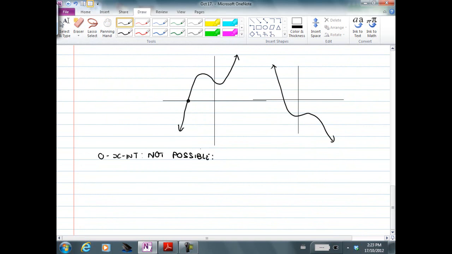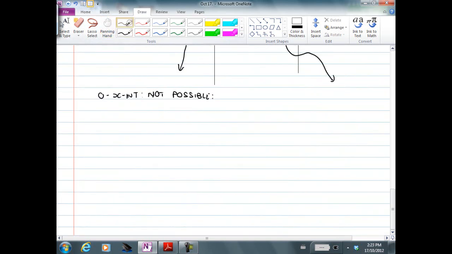My question to you now, you can work on this on your own. A: What is the max number of x-intercepts a 4th degree polynomial has?